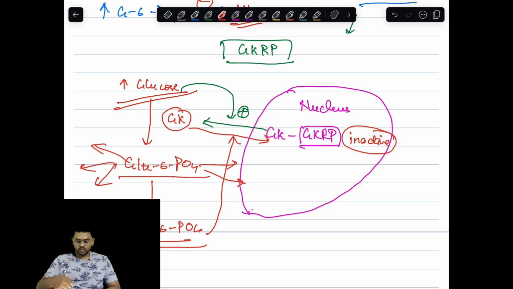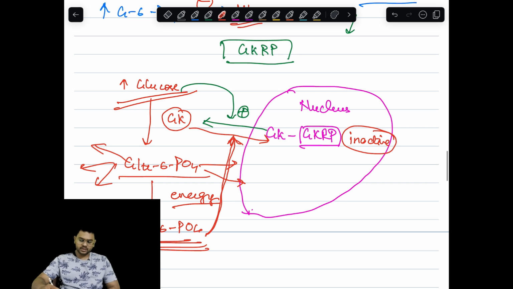Now there is no need to keep on phosphorylating the glucose at that high capacity. So the fructose 6 phosphate stimulates the formation of this complex where glucokinase is inactive. This is how glucokinase is regulated as opposed to the hexokinase.